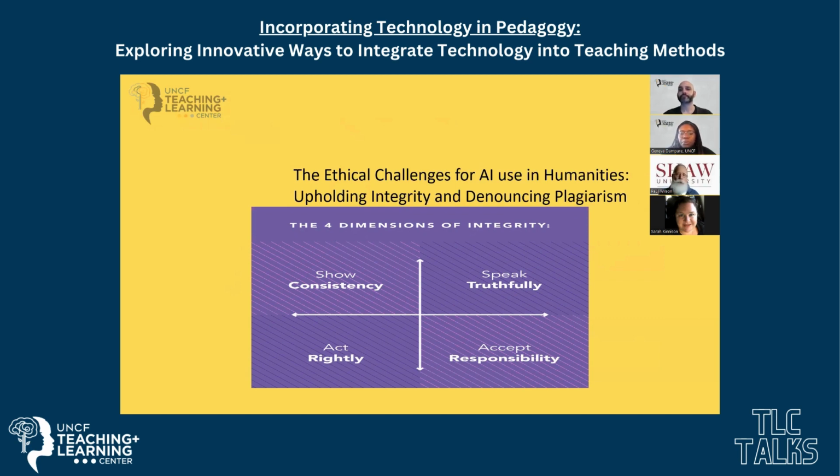Reminding ourselves of the four dimensions of integrity, we want to show consistency, truthfulness, we want to act rightly, and we want to accept responsibility. All of these are components in being correct, in upholding integrity, and we're somewhat fearful about the use of AI. Next slide.